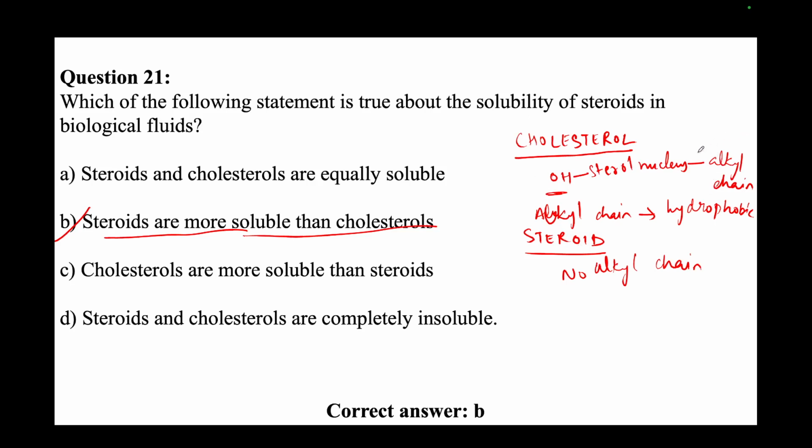When I remove this alkyl chain, it will become less hydrophobic. So steroid will be more soluble than cholesterol. Why less hydrophobic? Because I have removed the hydrophobic alkyl chain. Steroids are less hydrophobic than cholesterol, so they are more soluble. So option B is the correct answer.